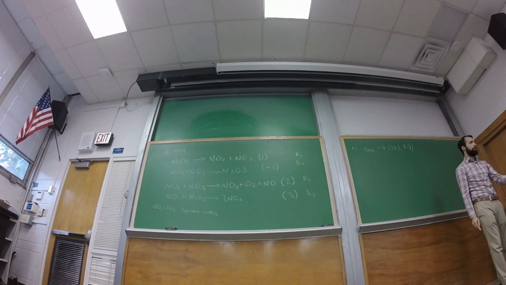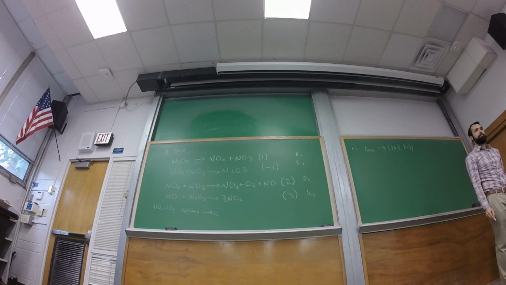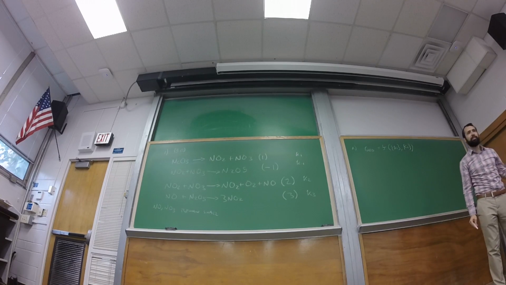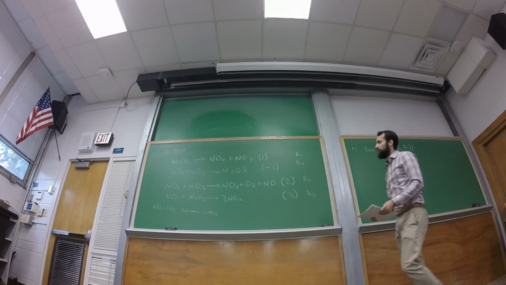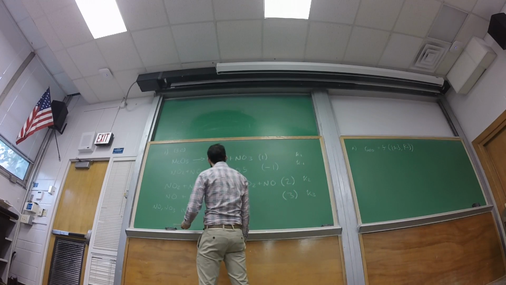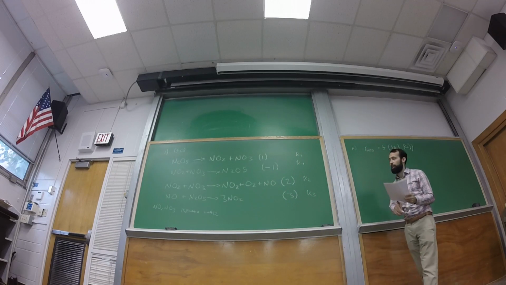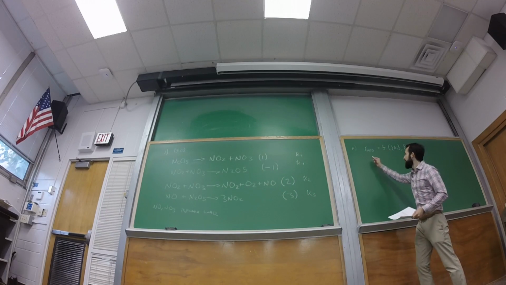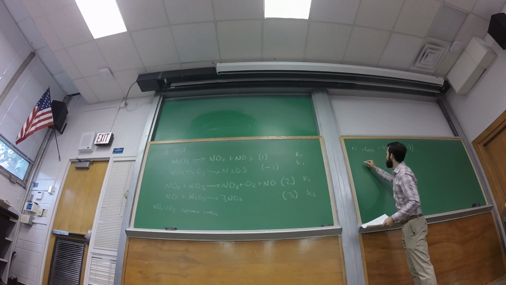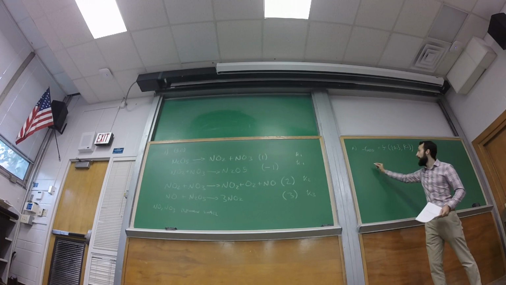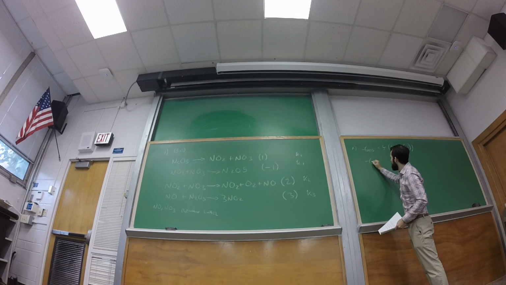So what do I do? PSSA on NO and NO3. Is that where I want to start? No. So what rate is it asking me for? It actually says decomposition. I think I mentioned that. So I can write out the negative rate of N2O5.